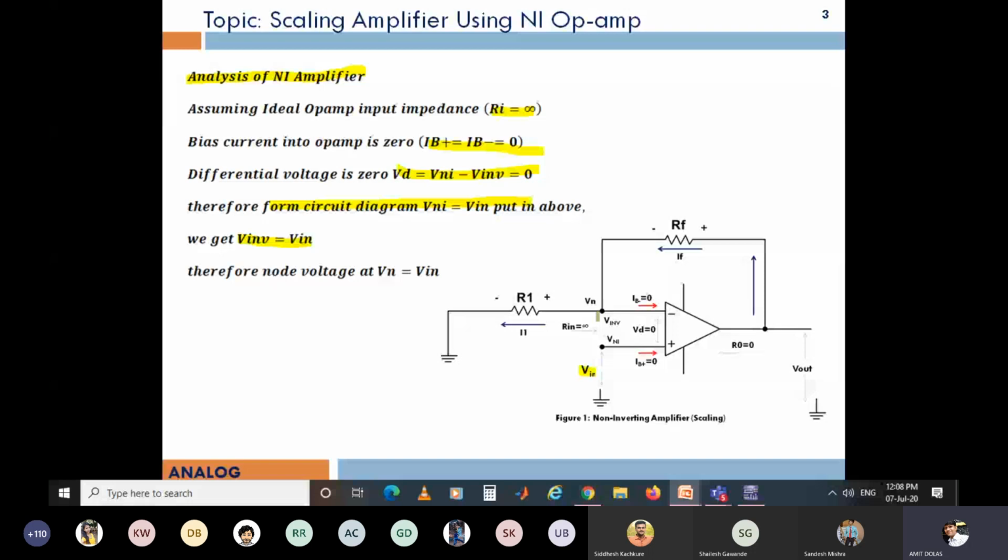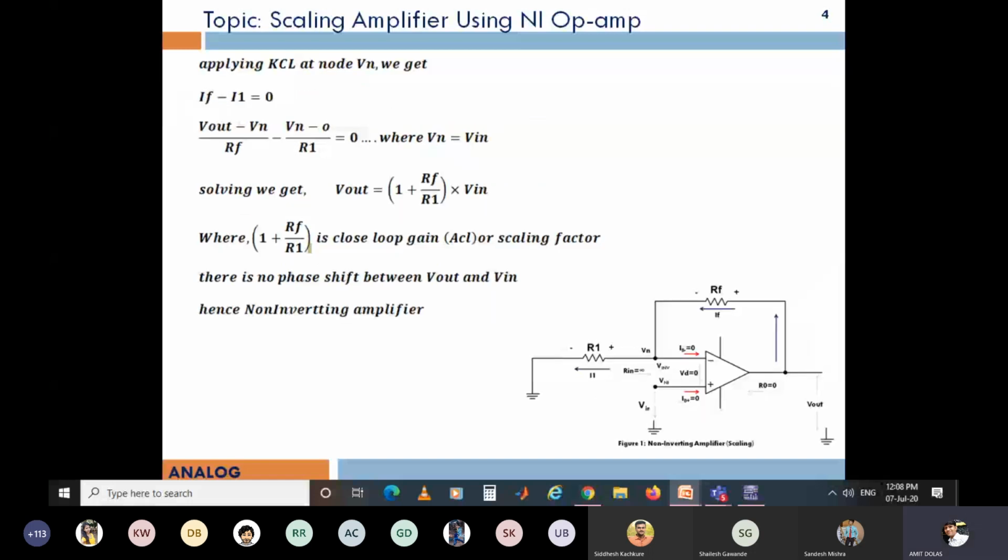That's why I made this statement: the node Vn voltage is equal to the input that we are applying directly to the non-inverting terminal. Now after this, we need the output equation in the form of the feedback resistance and the input resistance R1. So it is on the next slide.